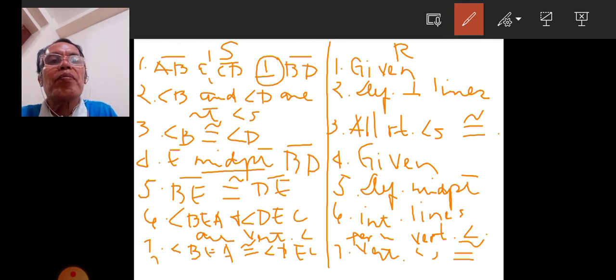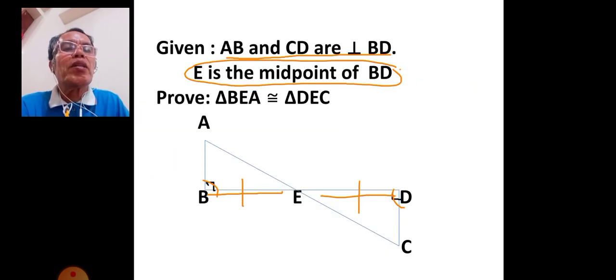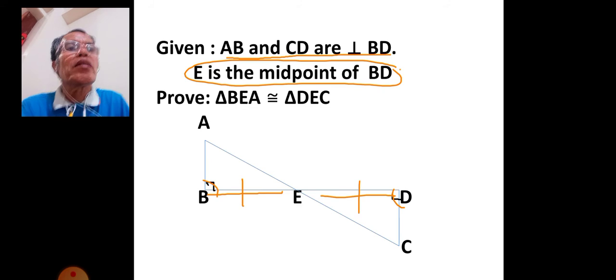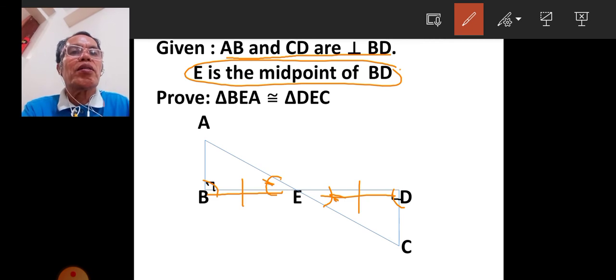Okay, last for number 8, the last statement must be the one that we are going to prove. So we have now said that this angle BEA is congruent to angle DEC. Vertical angles are congruent.